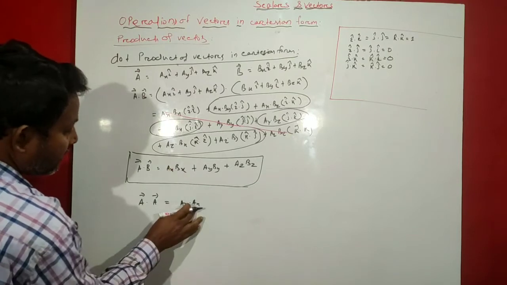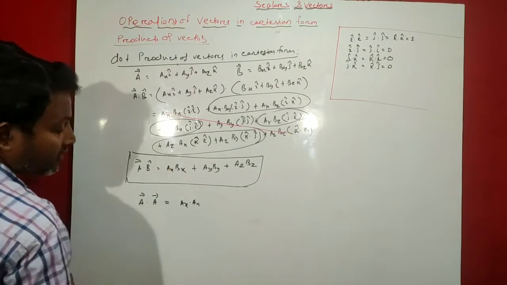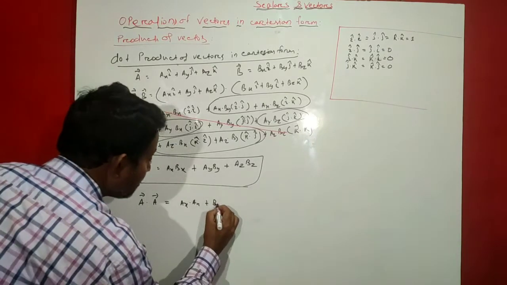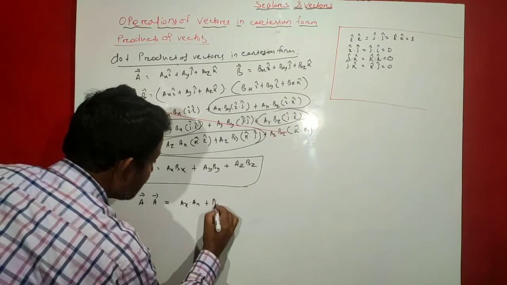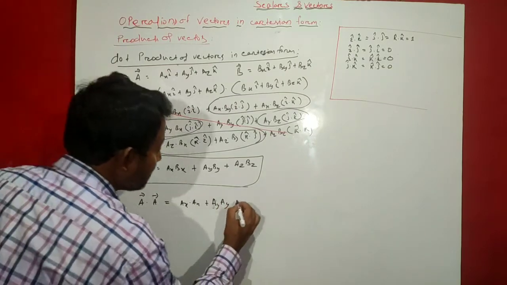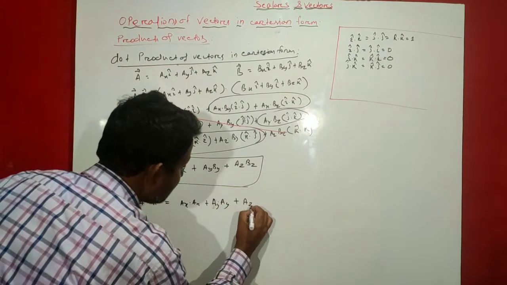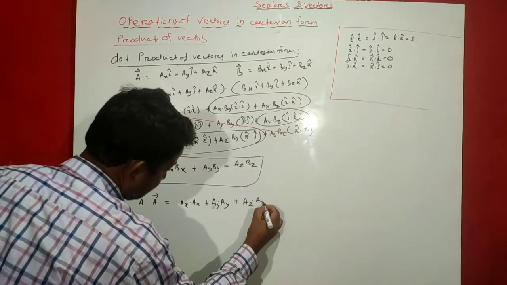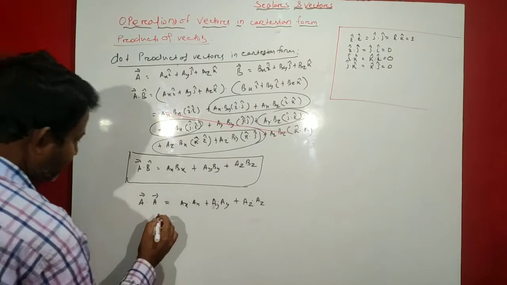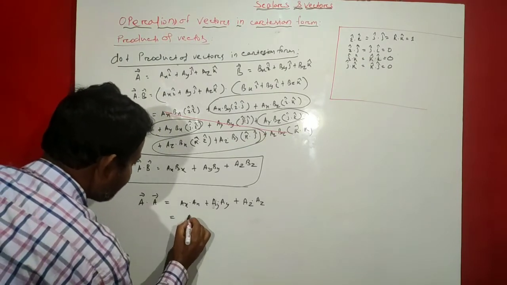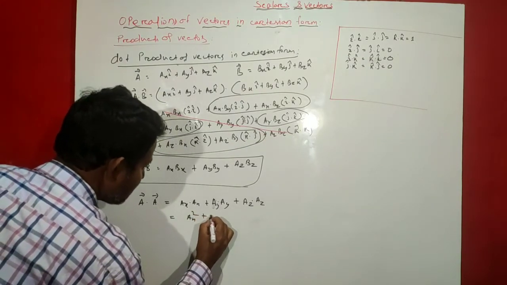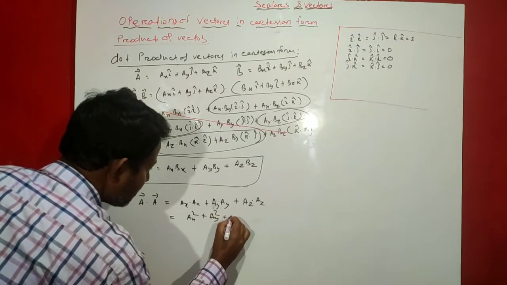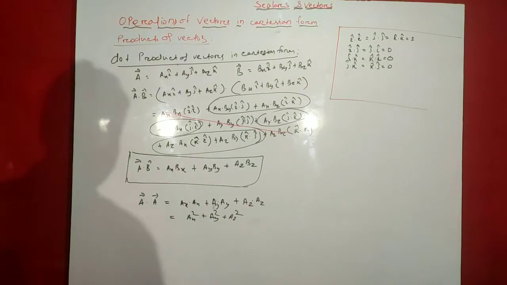In place of bx I put ax because both vectors are the same, plus ay into ay instead of by, plus az instead of bz we put az. Then it is ax square plus ay square plus az square.